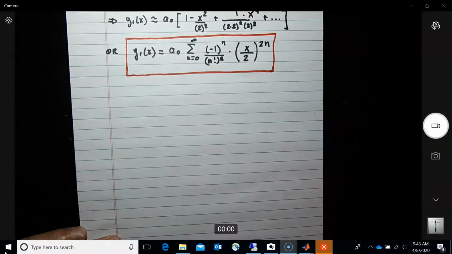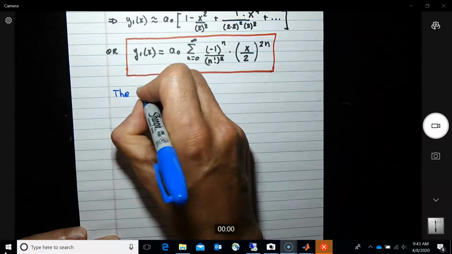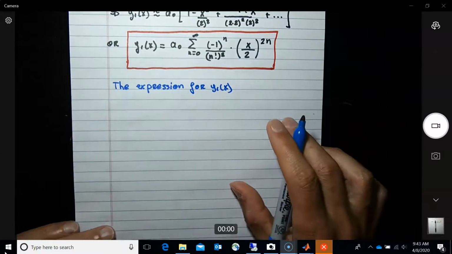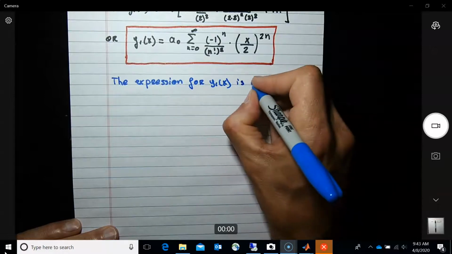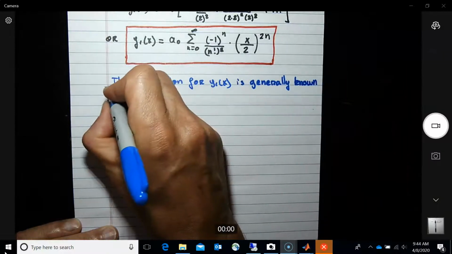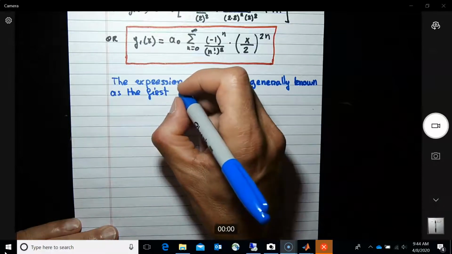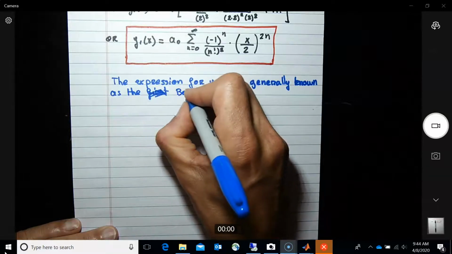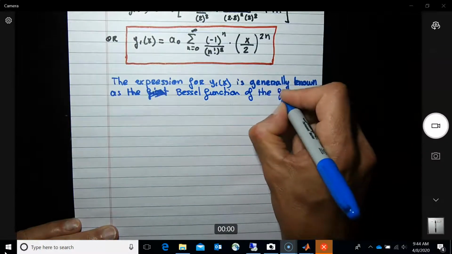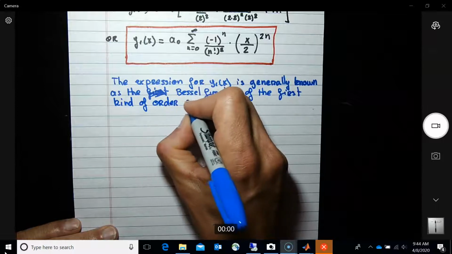Okay, so next, the only thing I'm going to do is say the expression for y1 of x is generally known as the Bessel function of the first kind of order 0.